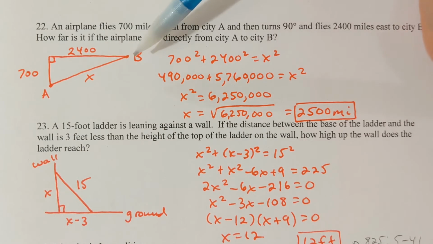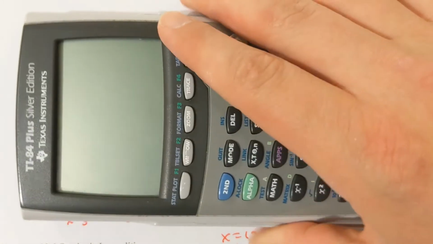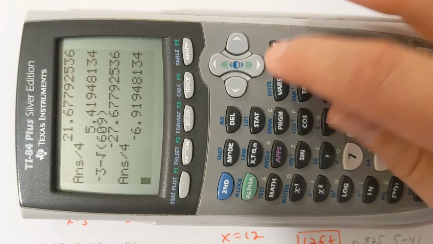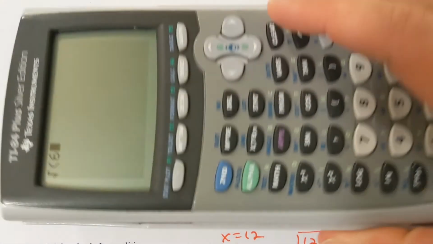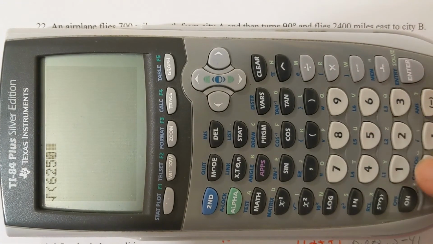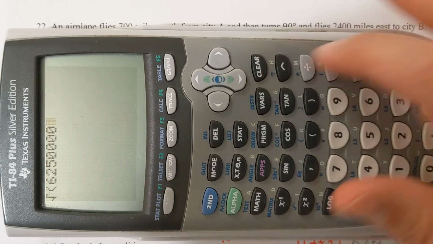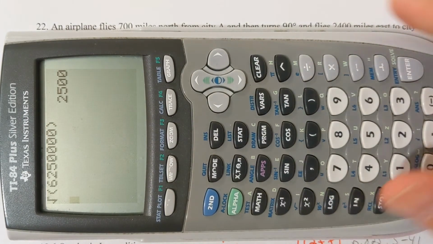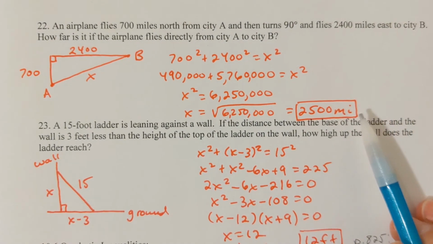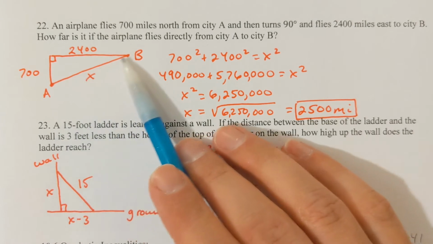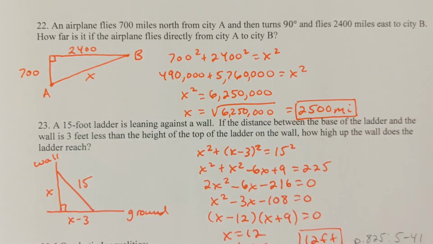We know the distance can't be negative for this problem. And so then I'd go to the calculator. The square root of 6,250,000 is 2,500 miles. So that would be if the plane were to fly directly from city A to city B.